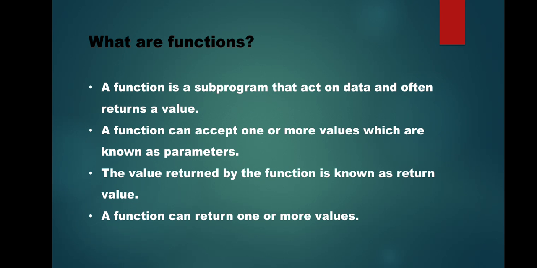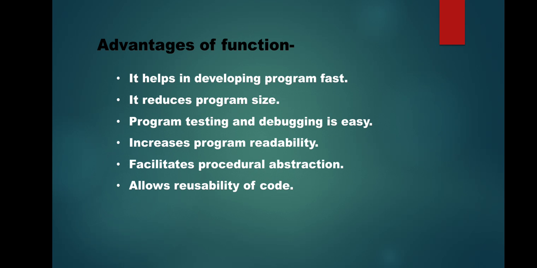So a function in Python can accept certain parameters, one or more. At the same time, it can also return certain values. The return value can also be either one or more. Right? Moving on to the advantages of a function.